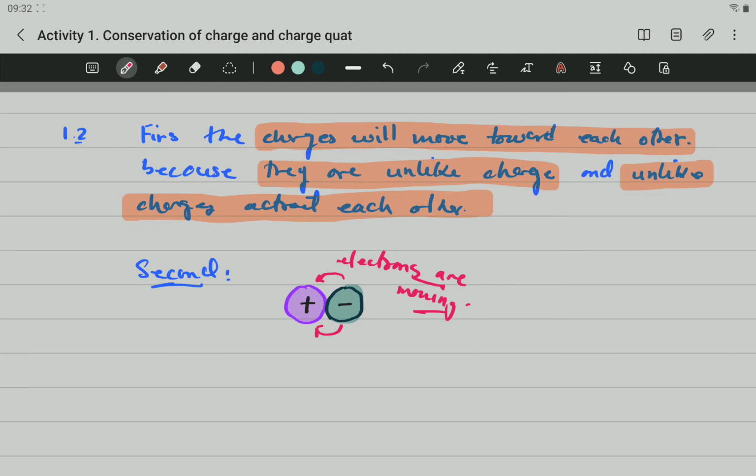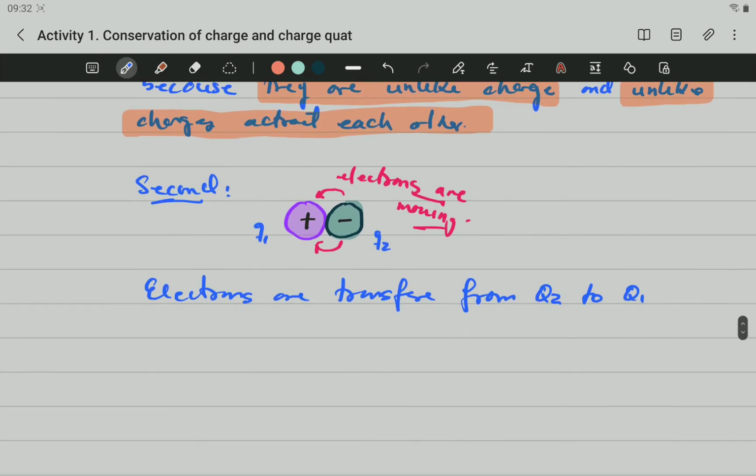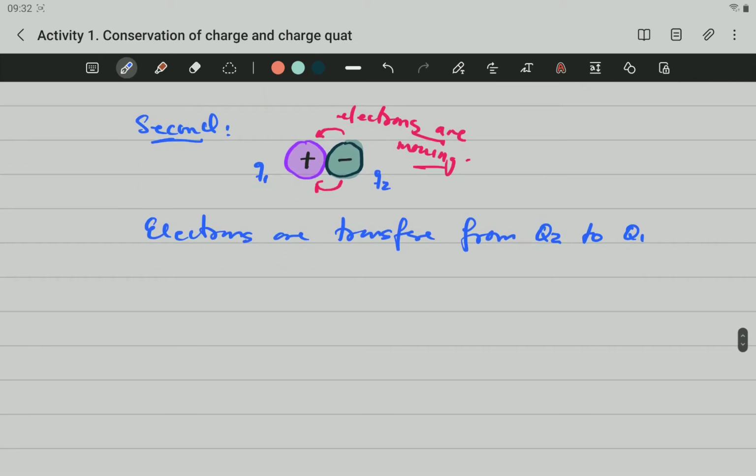So second, the electrons are transferred from Q2 to Q1. That is important. Remember, this one is Q2 and this one is Q1. It does not really matter whether it is capital Q or small q. And third, what is going to happen? Now the two spheres will acquire the same charge. The charge is going to rearrange and they will have exactly the same charge.